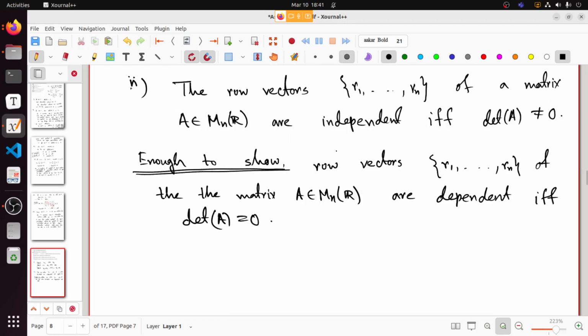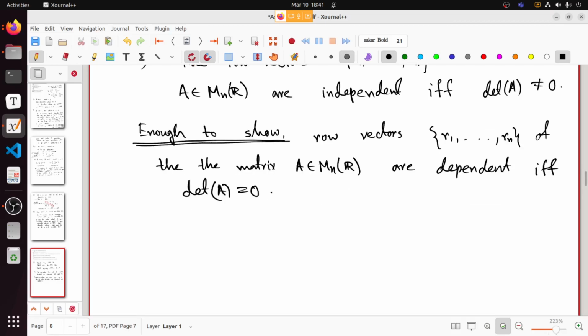So by contrapositive, the determinant of A is 0 if and only if the rows are dependent. Now we will take the transpose. So how to solve this? So we will prove this.